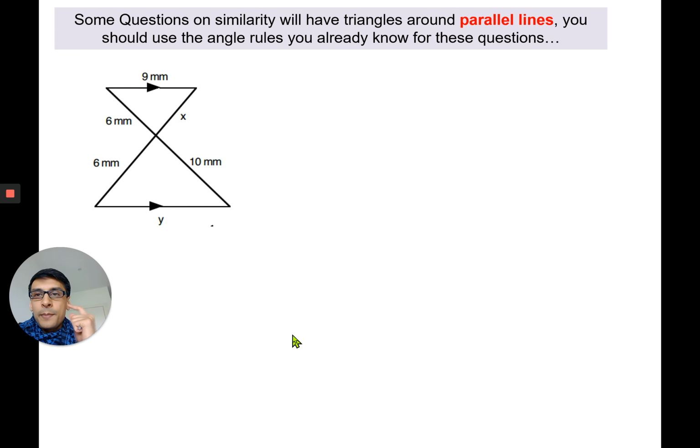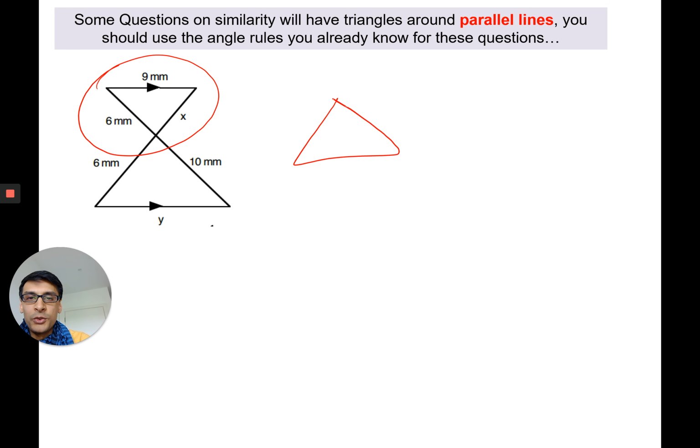In this case, we're asked to work out length X. In terms of similar triangles, if I redraw this the right way around, or what feels like the right way around, this would be X, this would be 6, and 9 would be the base.